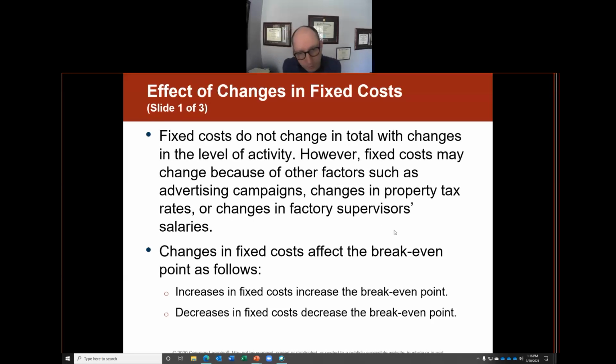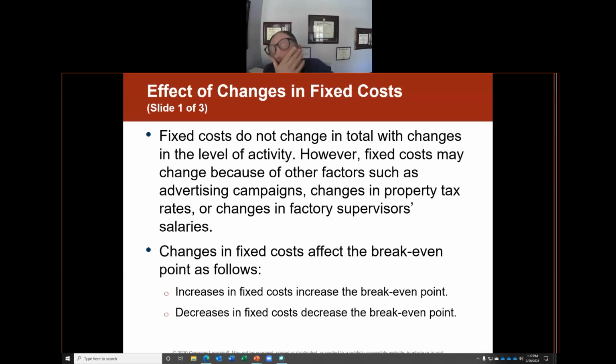Okay, now let's talk about what happens when things change. Things always change, right? Especially price. But what happens when there's a change in my fixed costs?